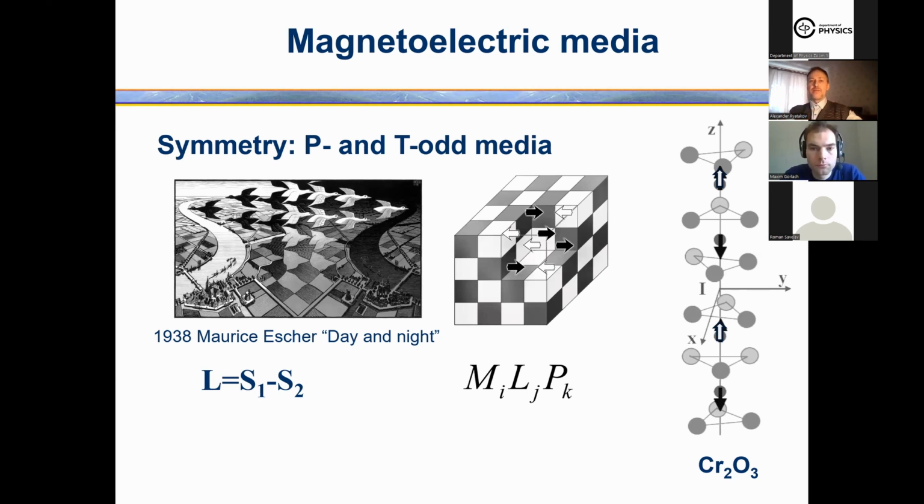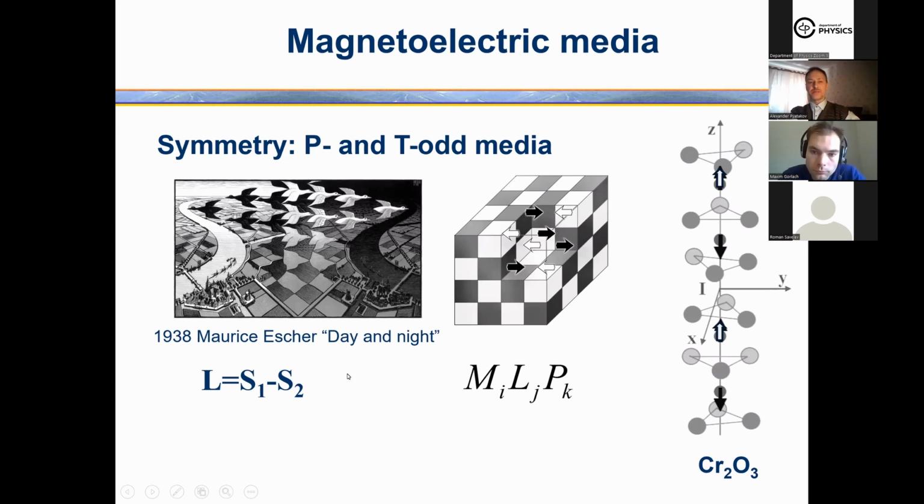But when we analyze, for example, chromium oxide, the first magnetoelectric observed, we can find that this inversion symmetry, I point here, relates the sublattices with opposite magnetization. So it's not just an inversion symmetry, it's an inversion antisymmetry. It's inversion multiplied by magnetization reversal.